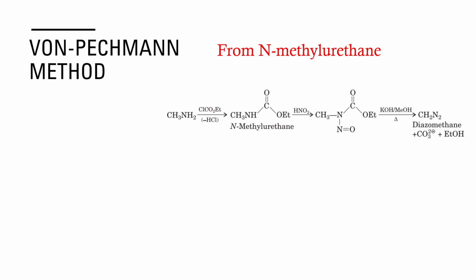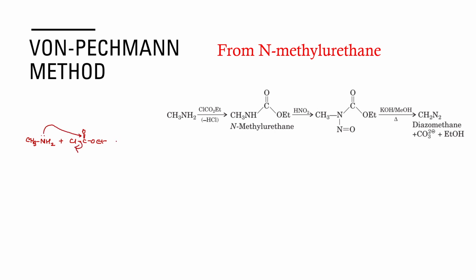Okay, Cl C double bond OOET. When you react this, a typical, so how would this reaction look like? CH3NH2 plus Cl C double bond OOET.